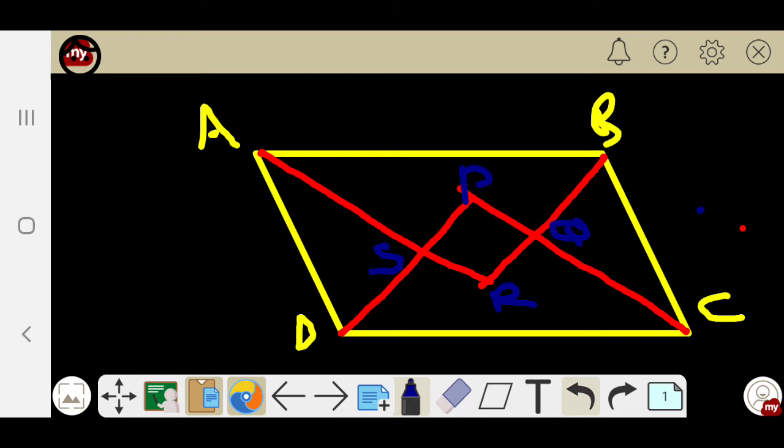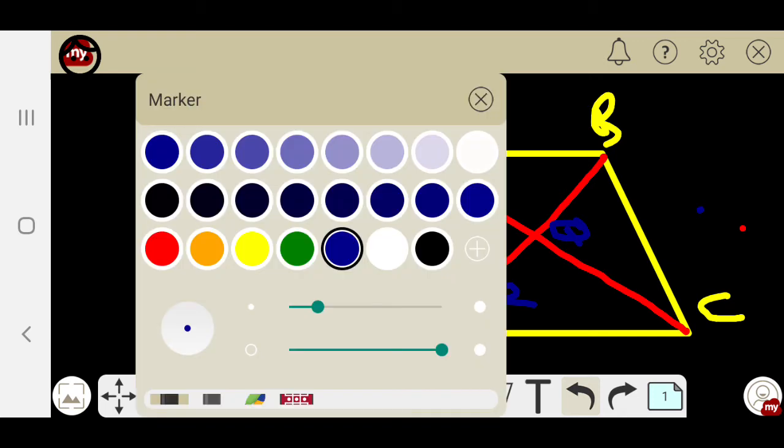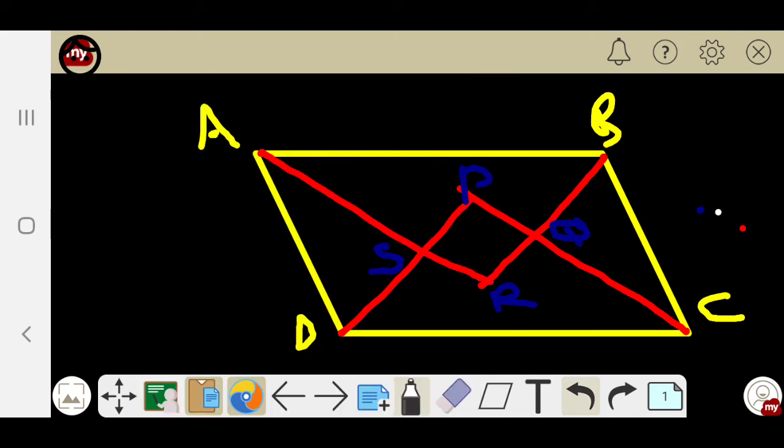ABCD is a parallelogram. So AB and CD are parallel, and we can consider AD as its transversal. Dear children, we know that in a parallelogram adjacent angles are supplementary, which means the sum of these two angles is 180.